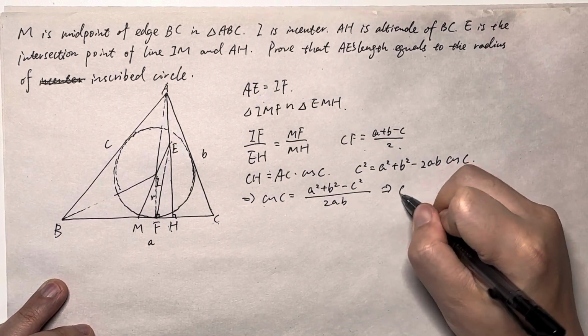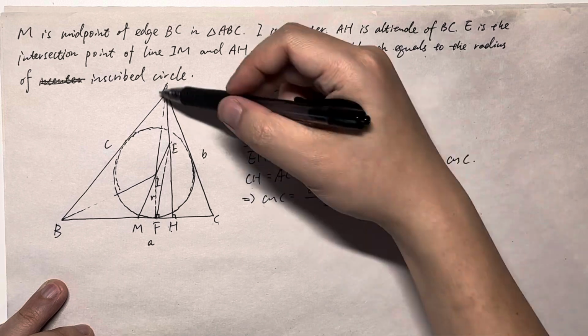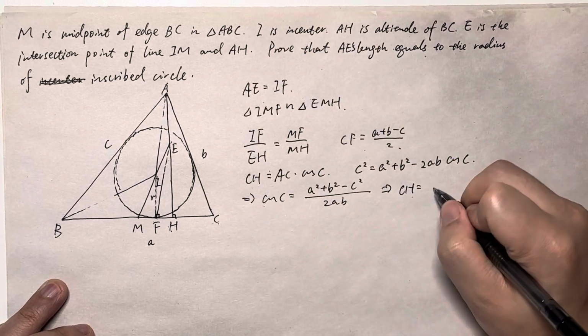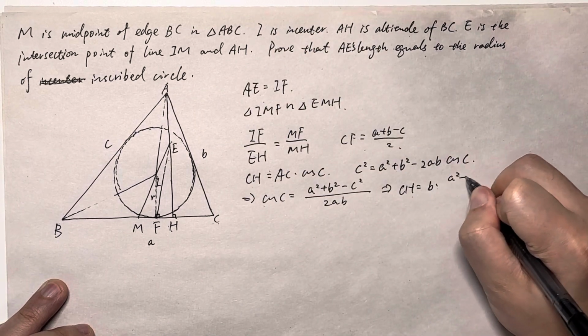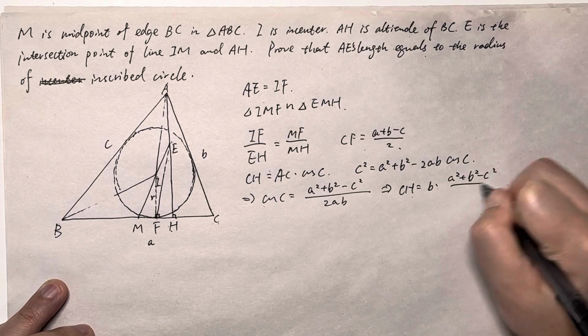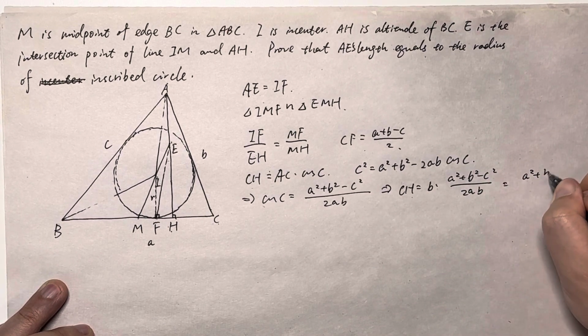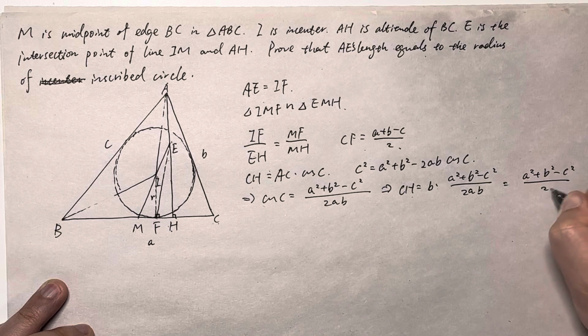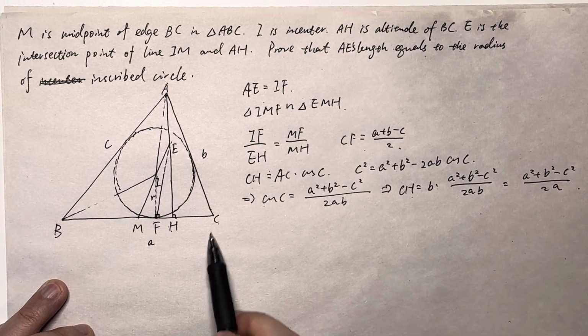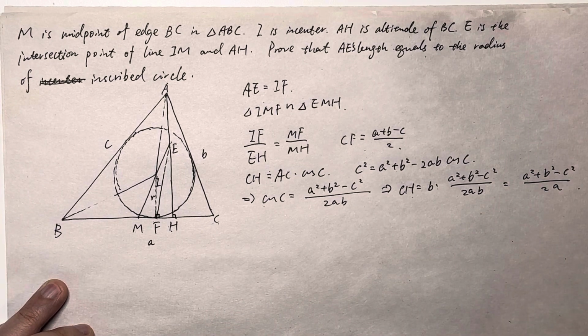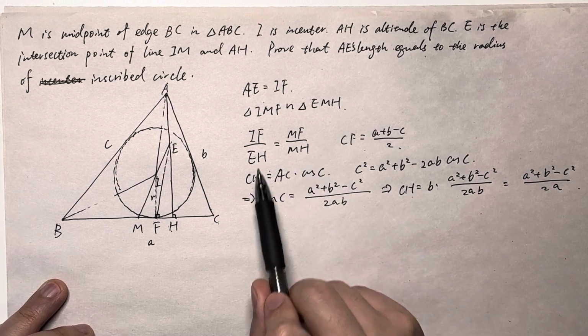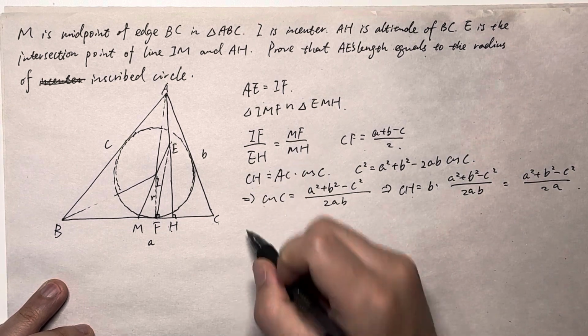So CH equals AC, which is b, times that, which equals a squared plus b squared minus c squared divided by 2a. That is CH.